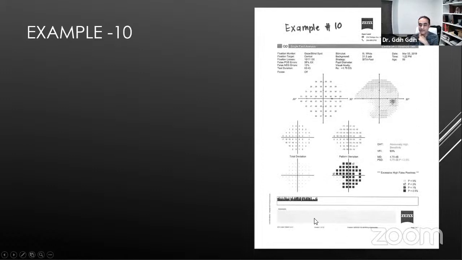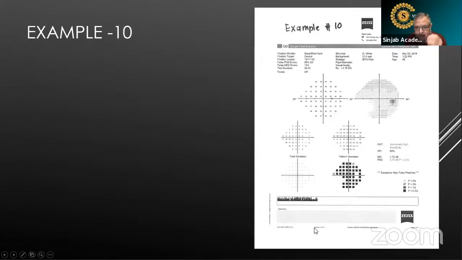Okay, now look at this one. Look at this bad field here. Look at pattern deviation here. Terrible. But does that mean this patient has glaucoma? Or is this real? Why is total deviation so nice and clear? Look at this. In addition, some of the values are above 40.